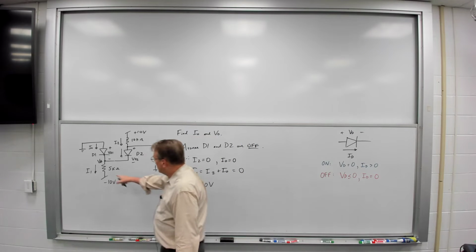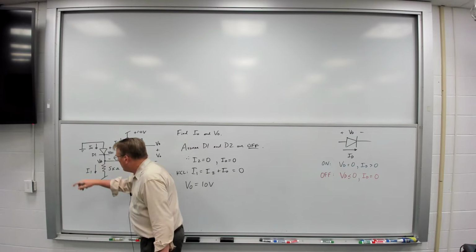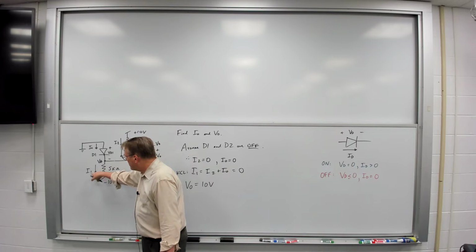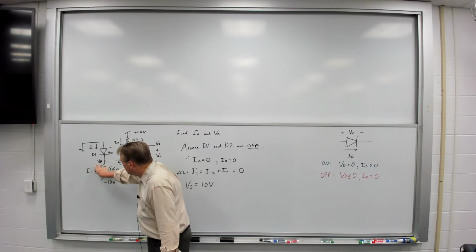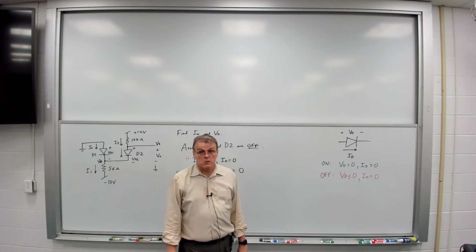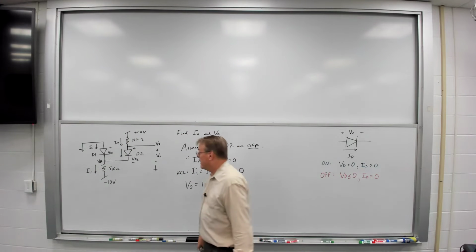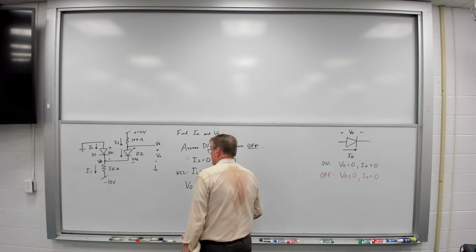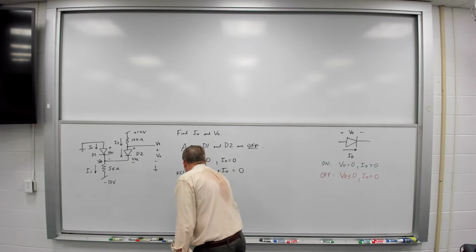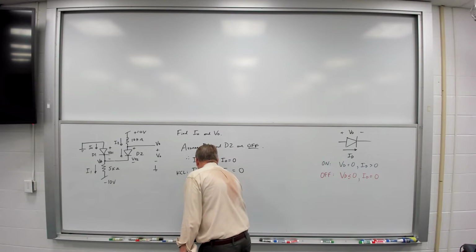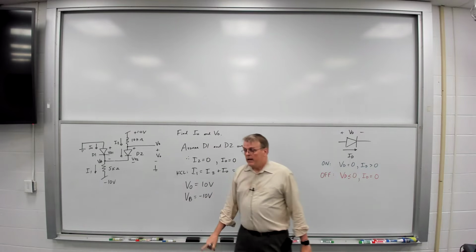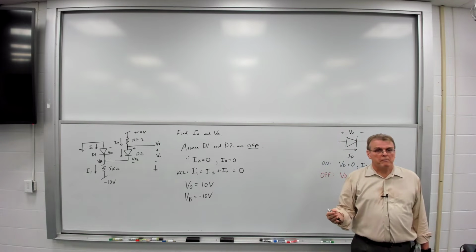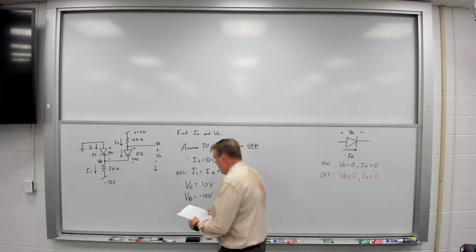In addition, let's consider VB. I1 is equal to 0, so again the voltage drop across that 5K resistor is equal to 0, and VB must be equal to minus 10 volts. Everybody see this? Because all those currents are equal to 0, this must be true.